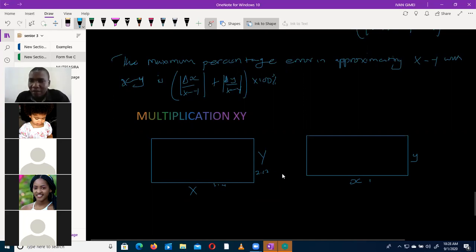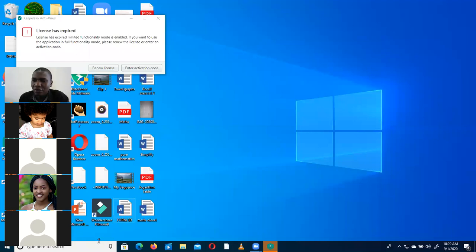We know that approach. But now in today's lesson, we're not interested in the error itself, but in the expression that you can use to find the error in multiplication. Which expression can you use to find the error in division without having to go through the approach of minimizing and maximizing?